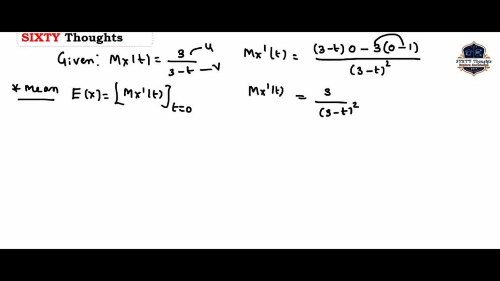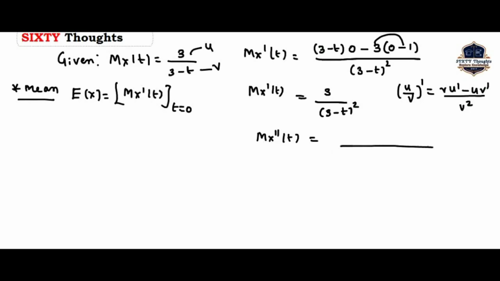So this is Mx dash of t. Similarly, I am going to find Mx double dash of t. Why are we finding Mx double dash of t? Because we have to find the expected value of x square. So I am going to do that beforehand. Once again we apply the u by v formula. Once again I am telling you the formula: v square, v into u dash minus u into v dash.